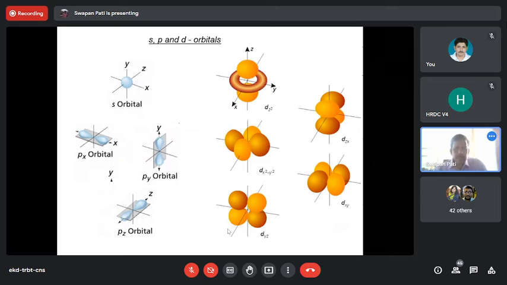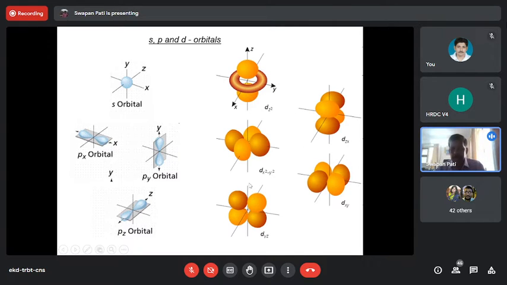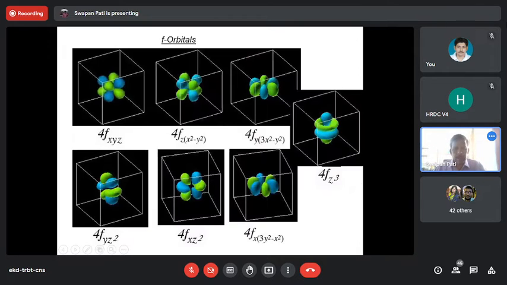And these are the spd orbitals, which all of you know. The s orbital is spherically symmetrical, and the p orbital has px, py, pz, three of them in Cartesian coordinates. The d orbitals and f orbitals are not seen in the book because they are all three-dimensional. Here are the f orbitals: xyz, zx squared minus y squared, and z cubed. These are the f orbitals.